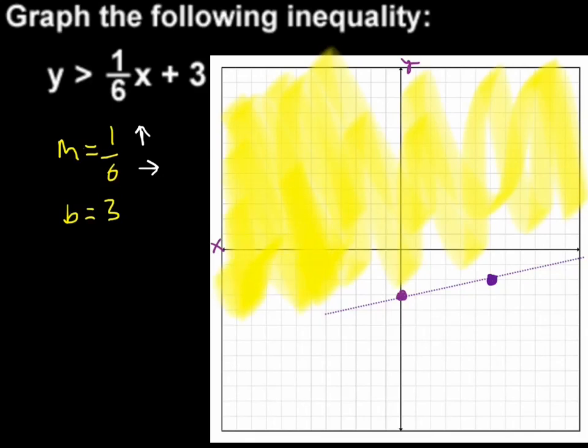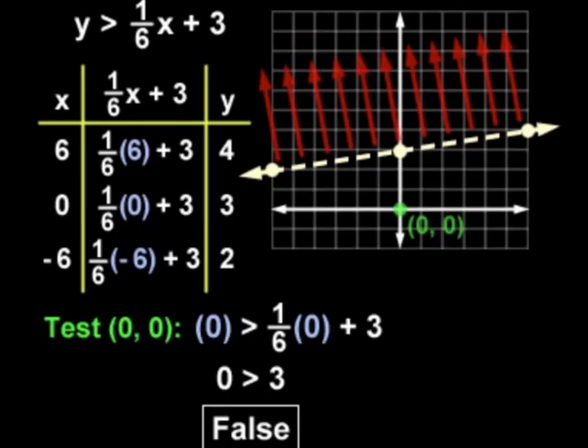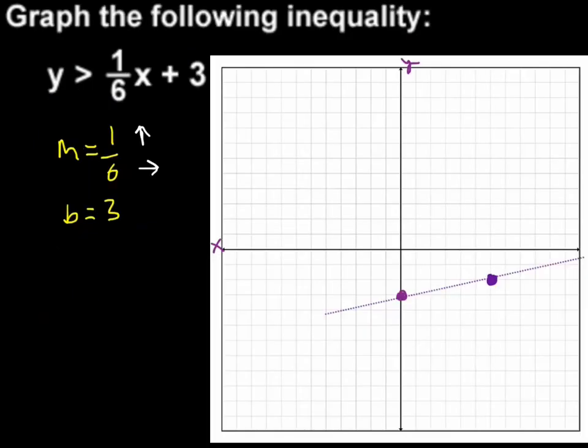Why? Let's look at an example where we take a point. So if you pick 0, 0 right here, which is not on the line. So I messed up on this thing. I was still thinking of the other problem. This needs to go up here because of +3.